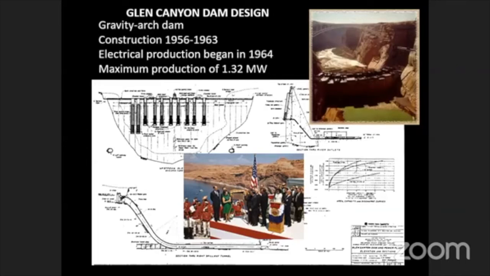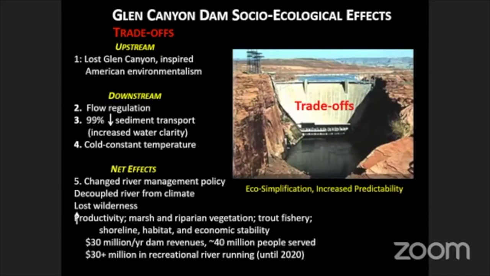So what we're approaching here today, though, is what are the effects of Glen Canyon Dam on the Colorado River and the society associated with it. So what are the socio-ecological effects of the dam? And the dam, this is a construction project conducted 75 years ago. It was in a previous generation.